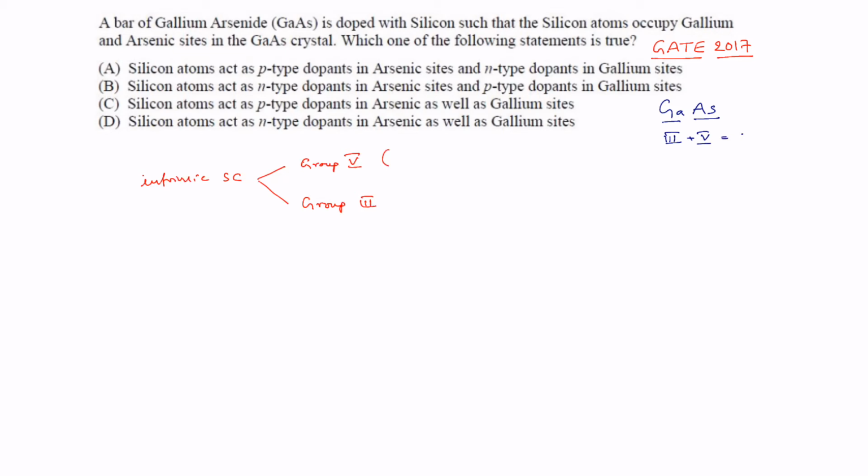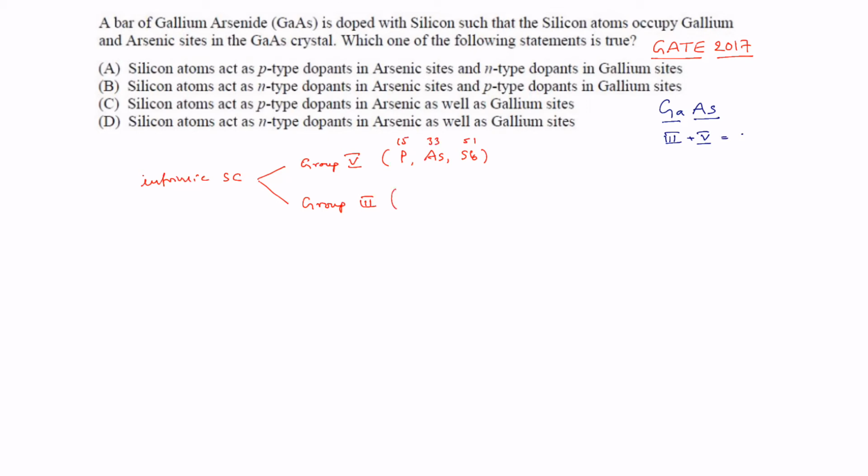The examples of group 5 are phosphorus, arsenic, and antimony. Phosphorus is 15, arsenic is 33, and antimony is 51.